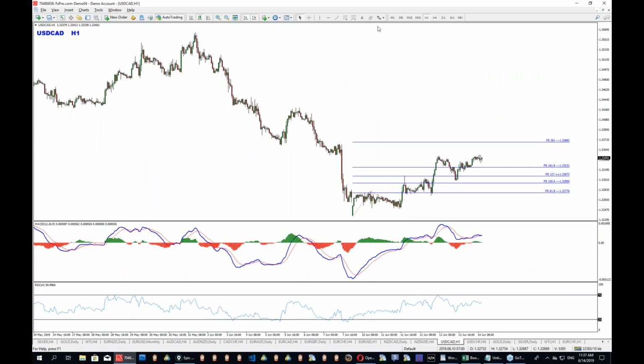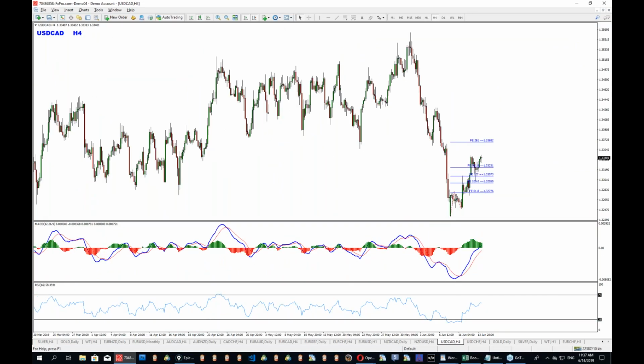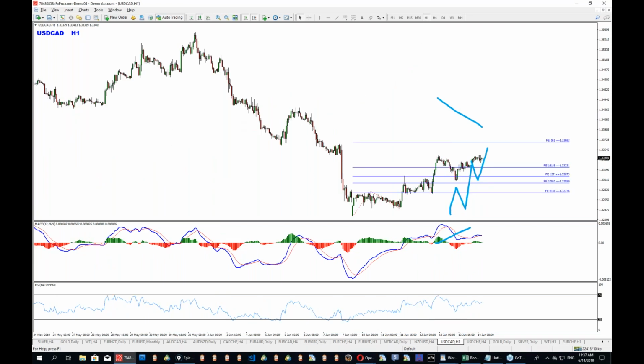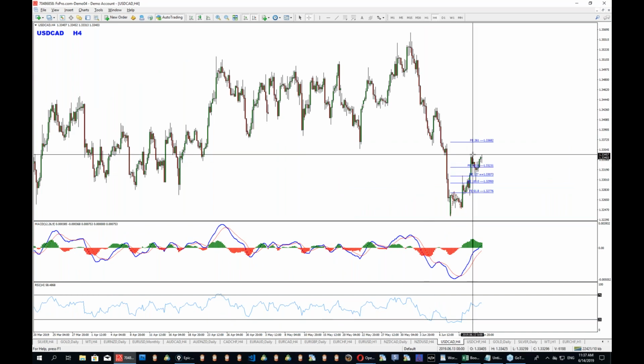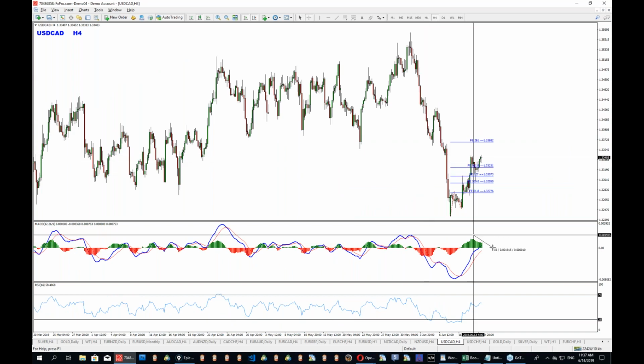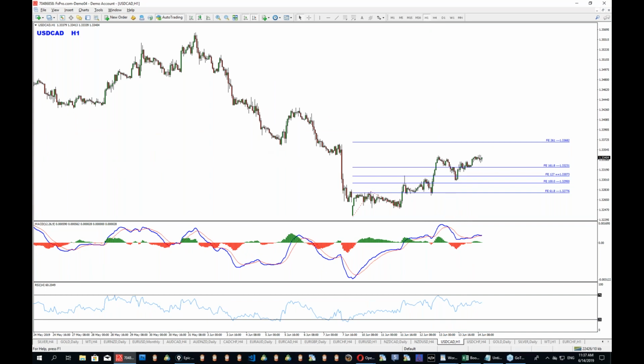Going down to the 4-hour chart, we see bearish hidden divergence forming on the 4-hour chart, possible cycle forming on the H4, okay, and that hidden divergence, which is now starting to turn into continuing divergence here, should be confirmed on the lower time frames.